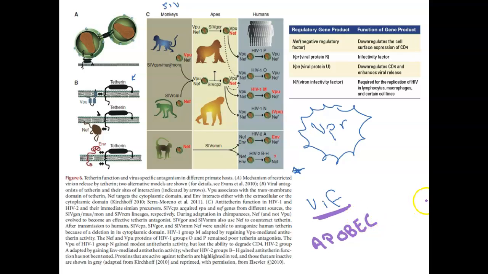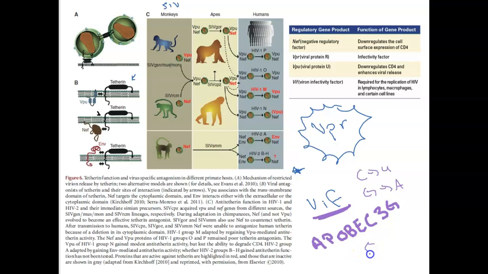ApoBec 3G attacks the viral genome, and this leads to a lot of mutations from C to U, ultimately going from G to A. So this is a deaminase.